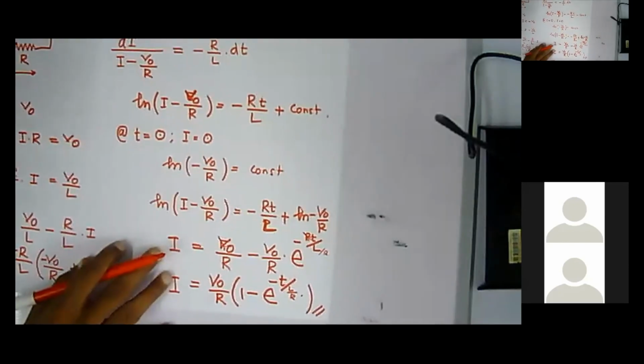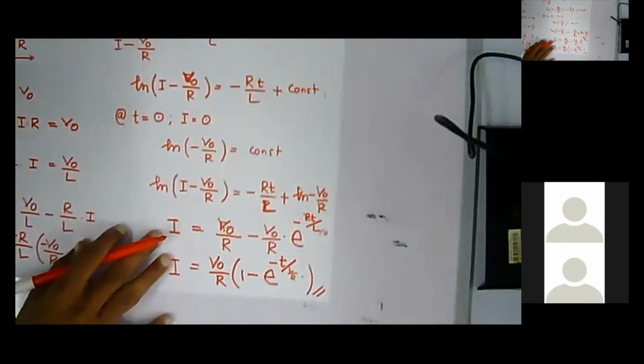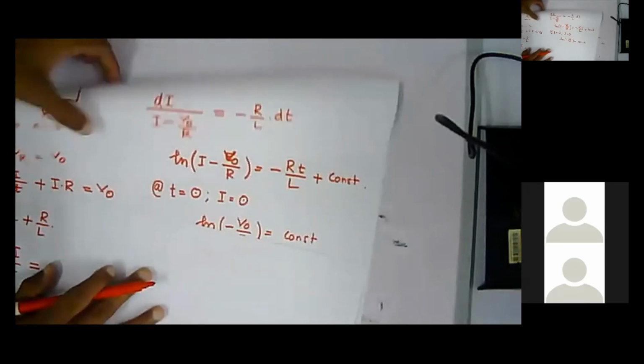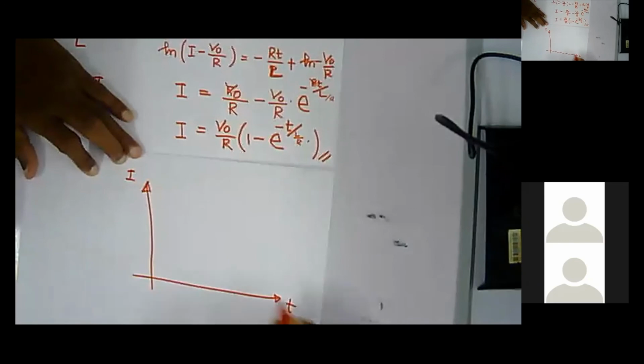So if I draw the current through an inductor, right? So it is I and this is T, right? And this becomes V naught over R, right?